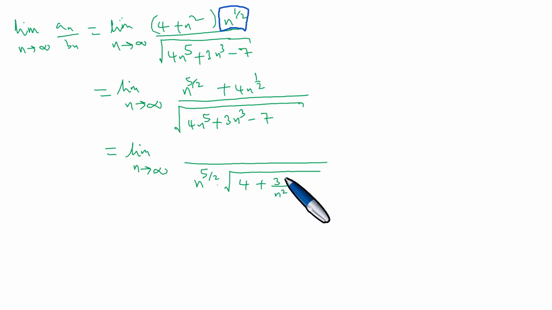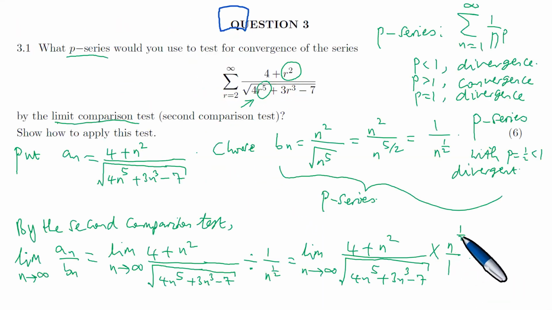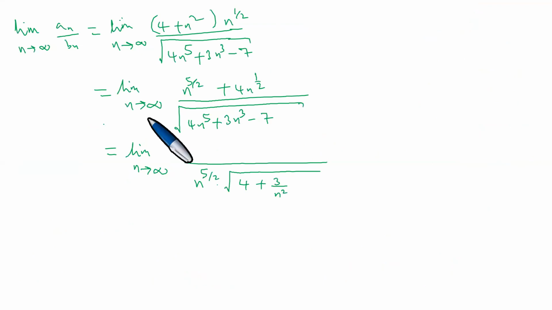That one came from the n to the 1 half that's sitting here from the Bn, which was in the denominator. Because the Bn is 1 over n to the 1 half. So if you divide by the Bn, the same as multiplying by the reciprocal, so it's n to the 1 half over 1. Right, so you have 7 over n to the fifth power.